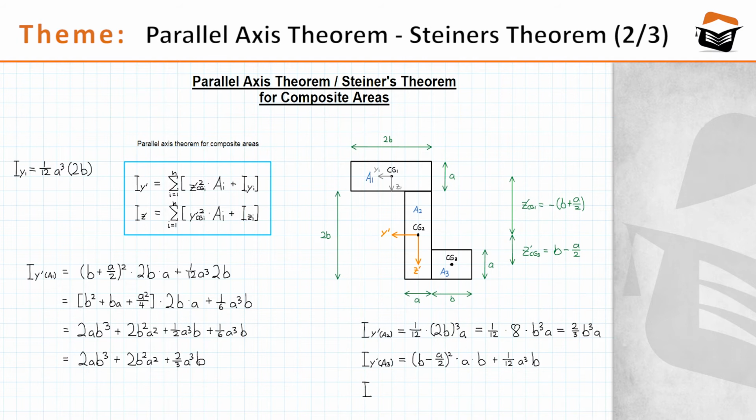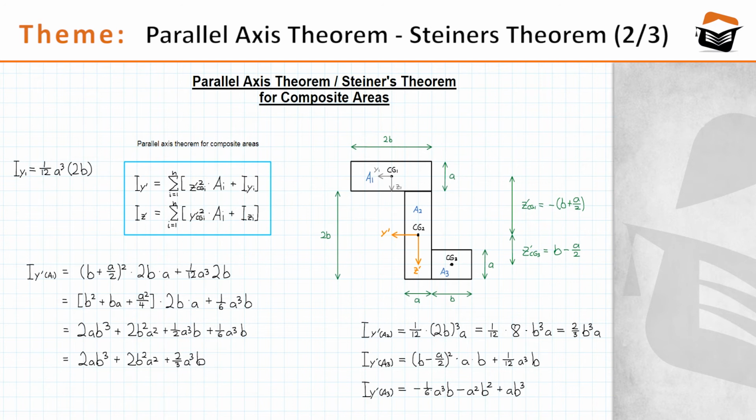I will write down the final result for I sub y prime of A3, and that is equal to minus 1/6 a to the third power times b minus a squared times b squared plus a times b to the third power.